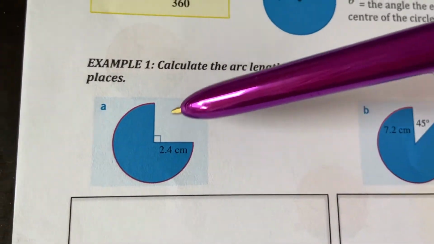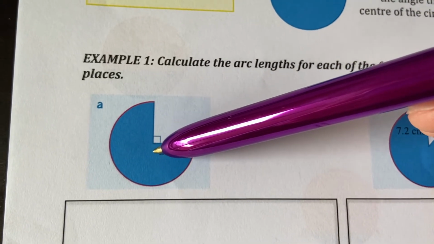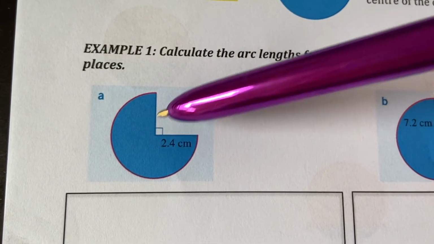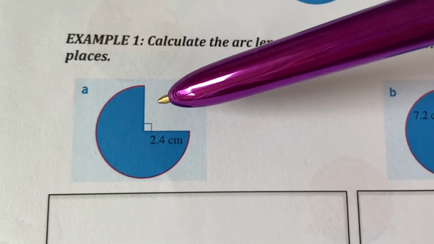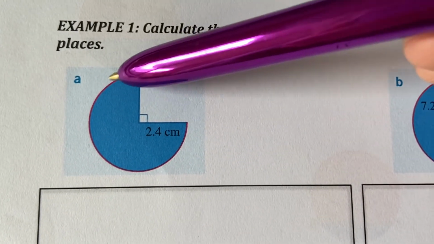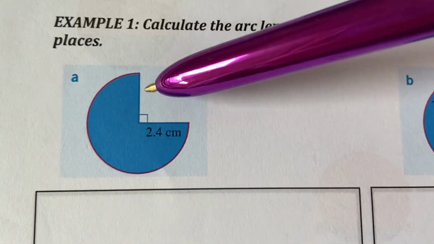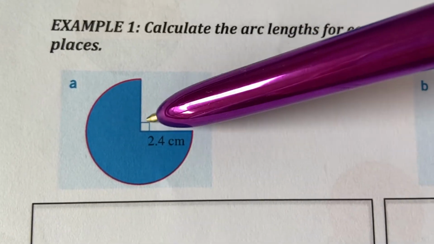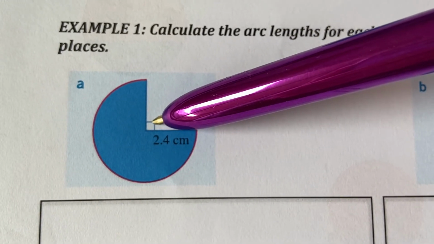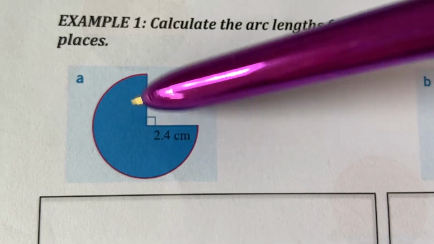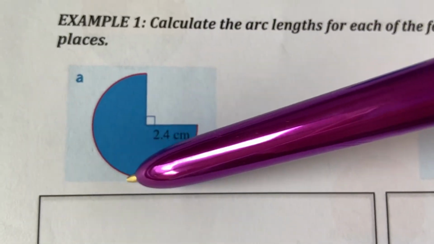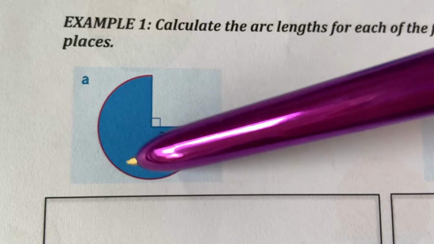Remember the angle. The angle is the angle of the arc. Be careful not to just use the angle that's given to you straight away. So in this circle here, we know this empty bit is 90 degrees. But we don't want the empty bit, we want the blue part, which has this red outer line, which is the length we're trying to find.